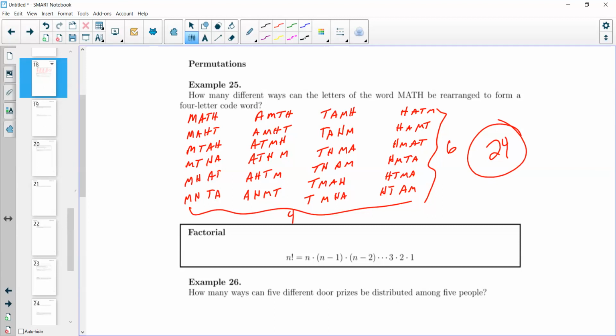To put this another way, 4 factorial is equal to 4 times 3 times 2 times 1, which is 24. So had I known about factorials before, I could have just said 4 factorial and gotten the answer to this.